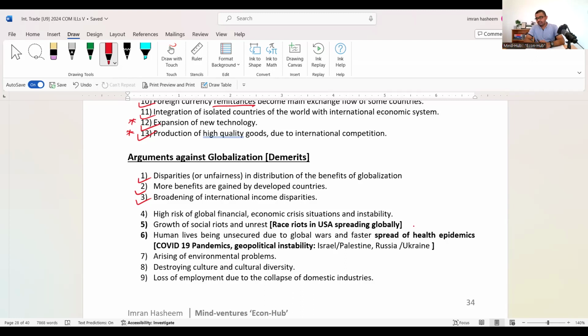Then number 5, growth of social riots and unrest, like race riots in the USA, spreading globally. When there is social unrest in one country, very quickly it will spread to many countries in the world. Now, Sri Lanka is not a highly dominant, influential economy in the world.